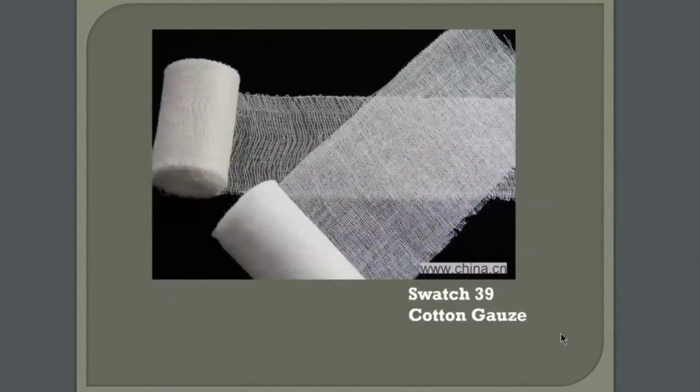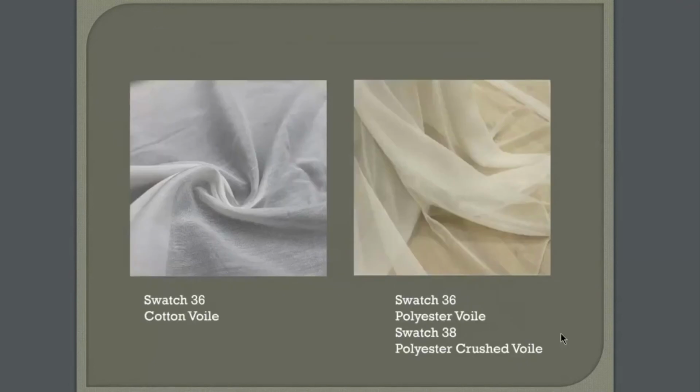Swatch 38 is also a shear, but it's called a crushed voile. So it's called a crushed voile because it has those pressed-in crushed markings.